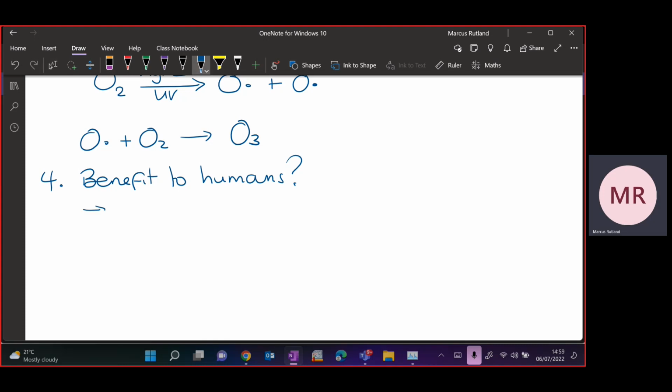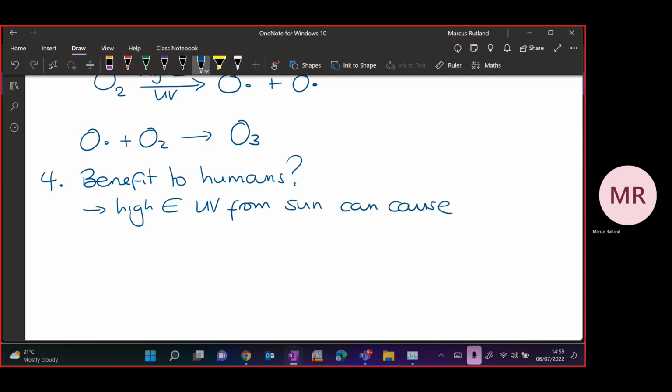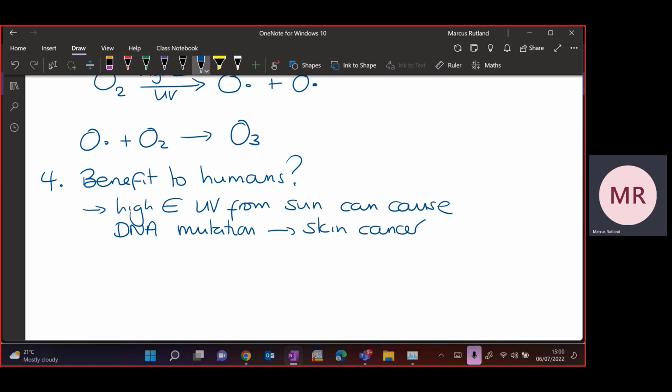And you should make the following points, doesn't really matter what order you do, that high energy UV from the sun can cause DNA mutation leading to skin cancer if it reaches the Earth's surface.